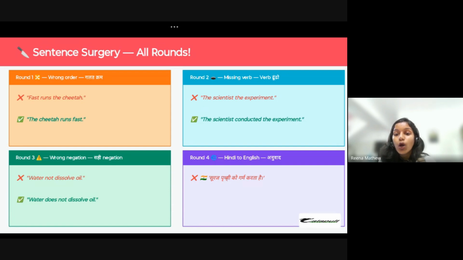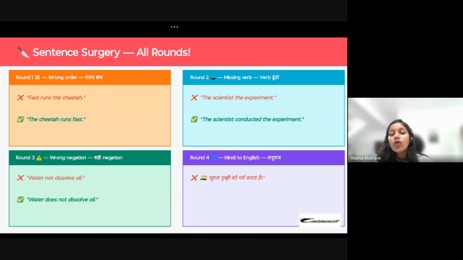Why? The water is a subject, and then you add do or does not, then the verb and the object. Oil does not dissolve in water. Okay. So you see how I negated it correctly. You add do or does not.